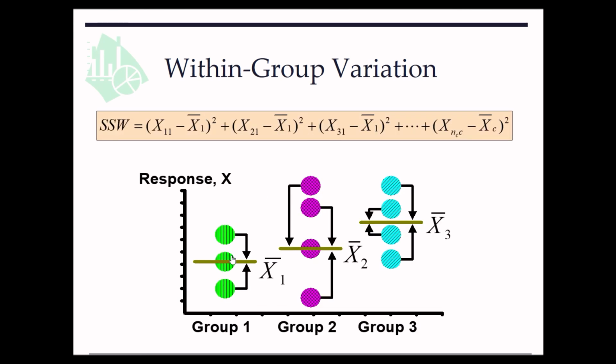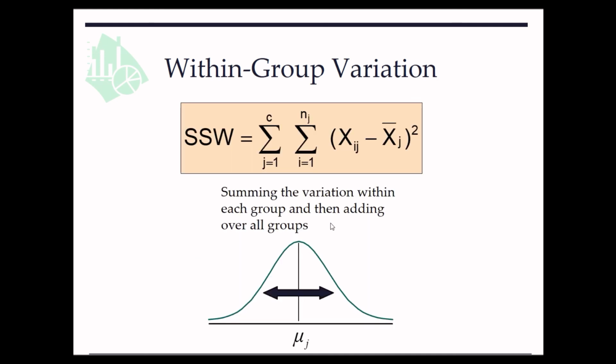So visually we find each individual value minus the group mean, taking square, and we add all such square differences together, obtaining within group variation. And visually we see SSW summarizes the variation within each group and then adding over all groups.